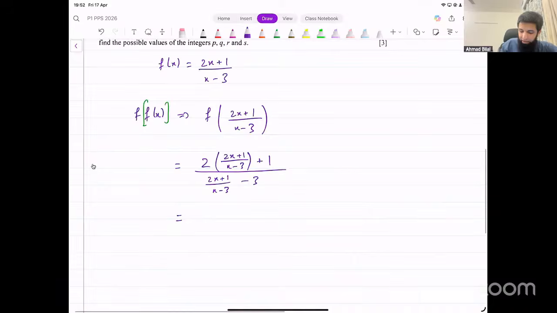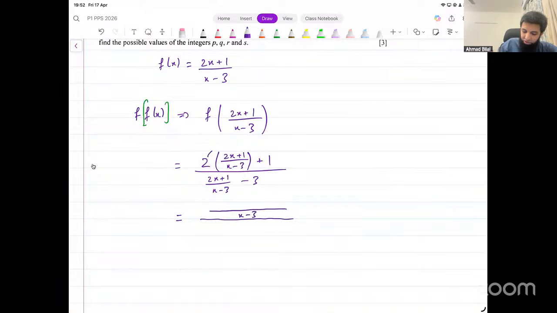If we do that directly, we take LCM both here and in the denominator. The LCM is going to be x minus 3, right? That's the only denominator that we've got. That gives us 2 into 2x plus 1, which is 4x plus 2, and x minus 3 into 1 will give us plus x minus 3. Take LCM in the denominator as well, that's x minus 3 as well.